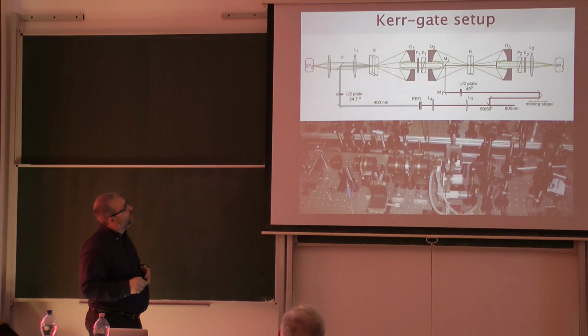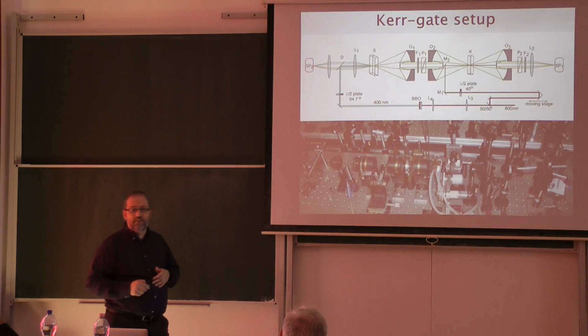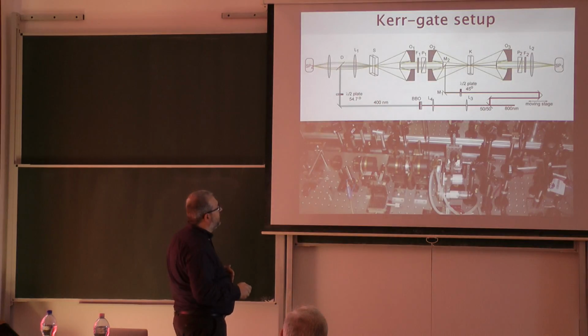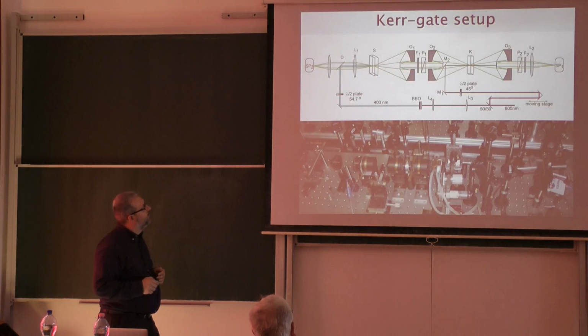We collect this fluorescence with the help of two Cassegrain objectives, so Cassegrain mirrors, and actually they are here. So this is the sample holder, and these are the two Cassegrain objectives. After that, the second one will focus down the fluorescent light.